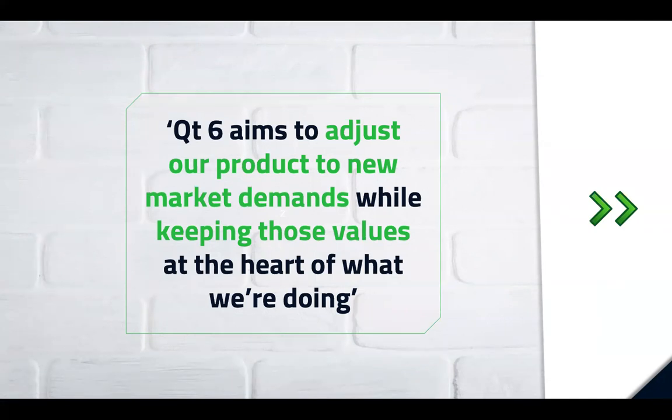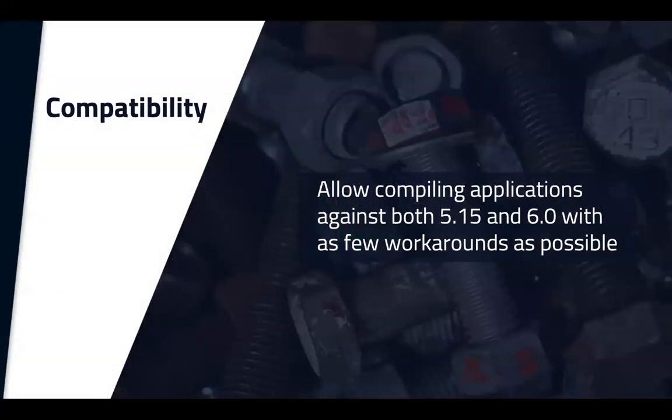With that in mind, what are the core themes of Qt 6? Well, the first thing, of course, is to make sure that we also have a good level of compatibility between Qt 5 and Qt 6. We know that there are billions of lines of code written against Qt 5 out there in the world. And bringing those over to Qt 6 is, of course, some effort.